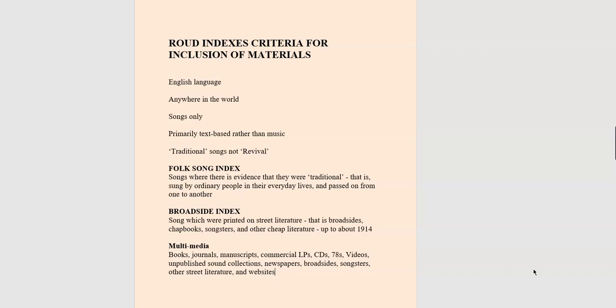But once the revival kicks in from the 1950s, I'm not interested in indexing that material. So if you're looking for performances by Ewan MacColl or Fairport Convention or Steeleye Span or the Spinners or Pete Seeger or Joan Baez or Bob Dylan, anything like that is not included. There are other places to go for that material.